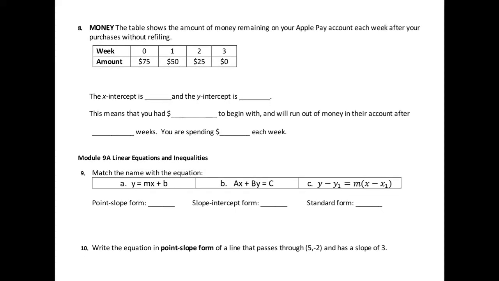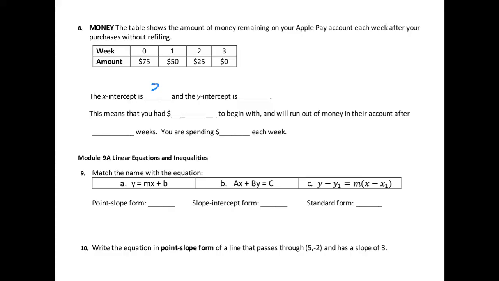The table shows the amount of money remaining on your Apple Pay account each week after your purchases without refilling. So the x-intercept and the y-intercept. What is your x-intercept? 3.